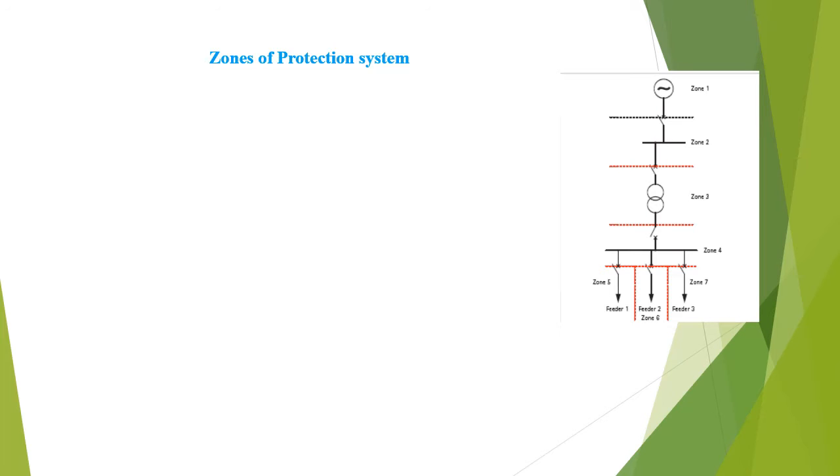Now the power transformer, which is located mainly in the primary substation, is also protected immediately before the bus bar with another isolator. That is after zone 3. Now at zone 4 we mainly protect the feeders, that is feeder 1, 2 and 3, where we have 3 isolators in each feeder.